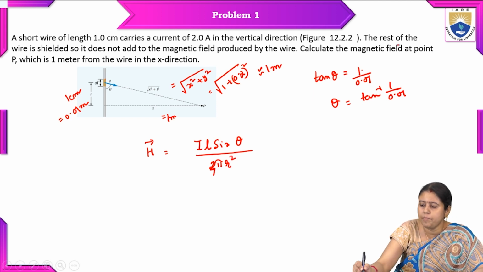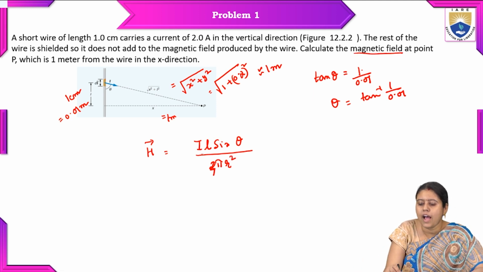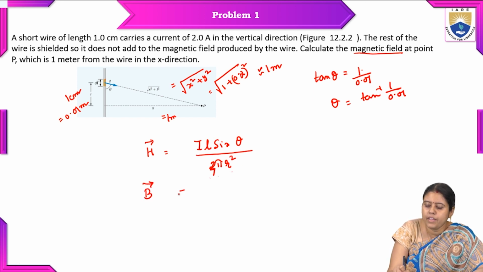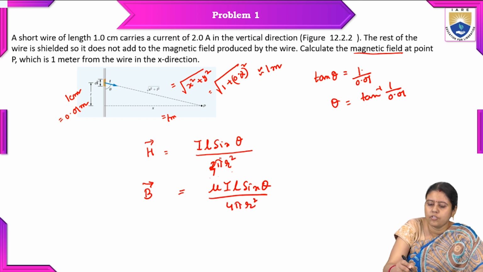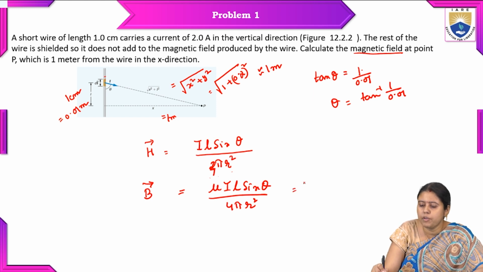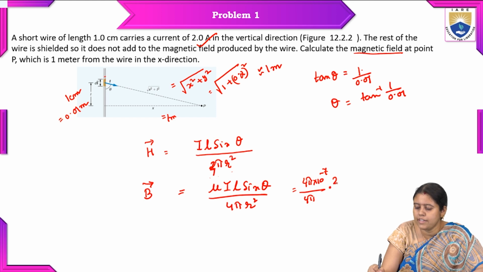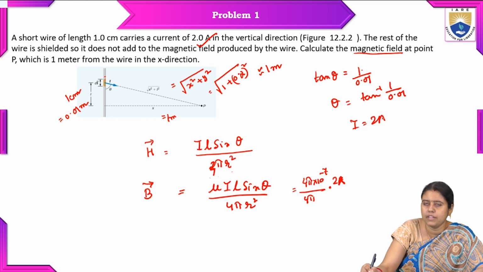We have to calculate the magnetic field, or we can also calculate B. B is equal to mu I dl sin theta by 4 pi r square. r is the distance from the element to the point P. What is mu? Mu is equal to 4 pi into 10 to the power minus 7. I is given as 2 ampere in the problem.